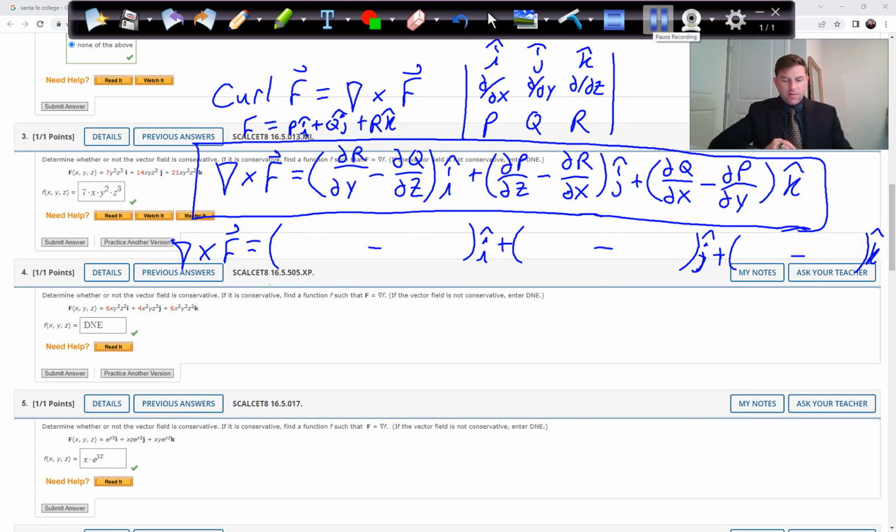Okay, problem 5, very similar. We have e to the yz as our p, xz e to the yz is going to be q, and xy e to the yz is r. And so if we take the derivative of r with respect to y, you have to be careful on this one, this is product rule.